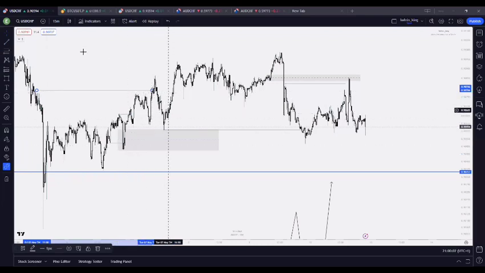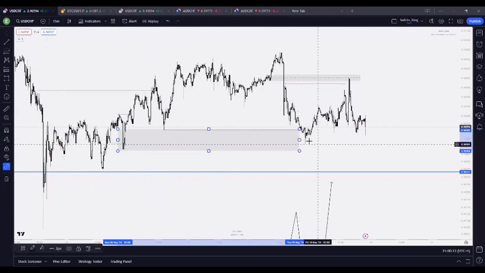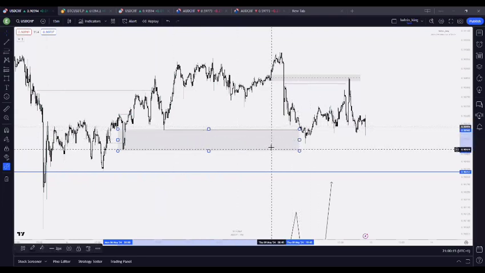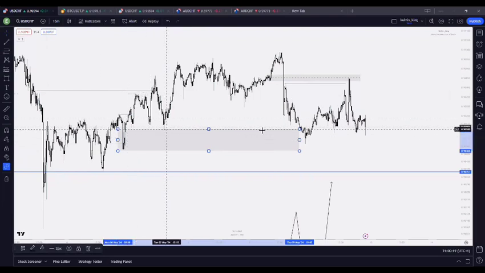And even this one. See this pullback here. Again, what I did here was when price tapped into this particular zone, you see the same setup again. The sweep, the break, the pullback, then I wanted to sell.